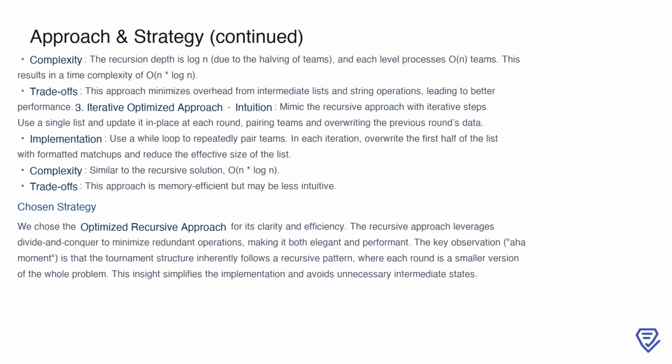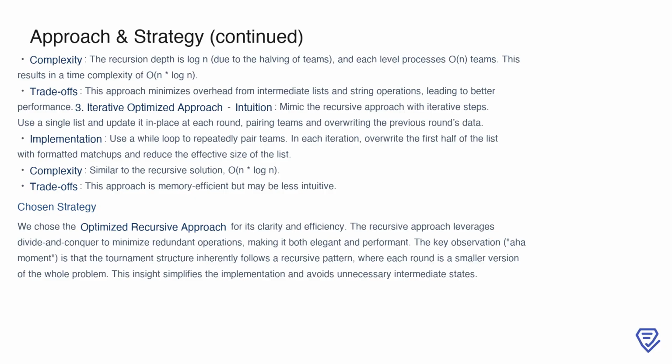The optimized recursive approach has a time complexity of O(n log n). This is because the recursion depth is proportional to log n, as the number of teams is halved at each level, and each level processes O(n) elements. By minimizing the use of intermediate lists and reducing redundant string operations, this method achieves better performance compared to brute force.